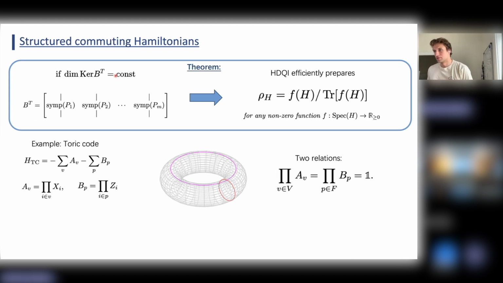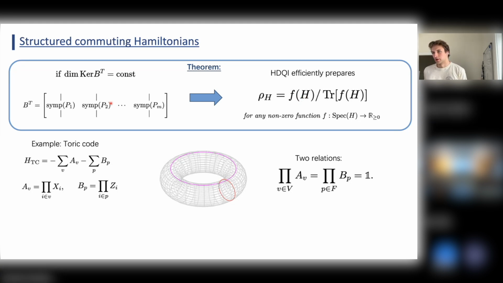The second block I talked about is structured commuting Hamiltonians. Here our main insight is that if the code is a very good code, in the sense that it has only a constant number of code words, so the dimension of the kernel of this matrix is constant, then HDQI efficiently prepares any positive non-zero function of the Hamiltonian.